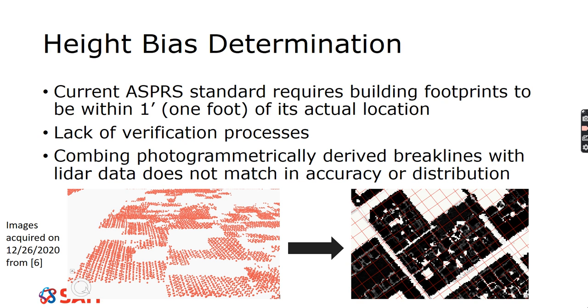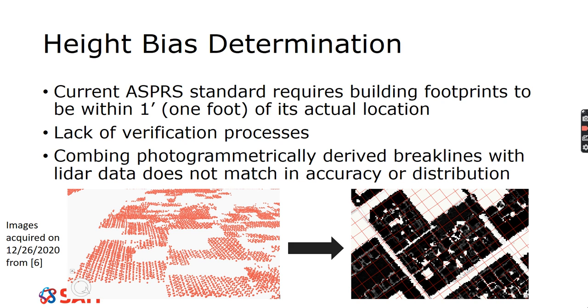So what I want you to think about is how do we verify that? We have our Lidar data, we might have rooftops over top of it, but where's the building footprint? Where is it located? And how do we verify that after the fact? Because we can't really be out there collecting the exact location with respect to the aircraft on the ground. So how do you verify that?